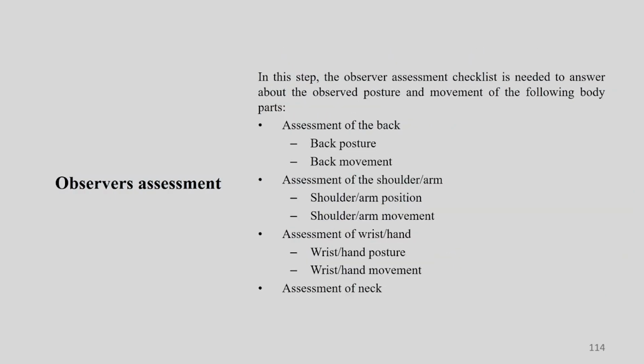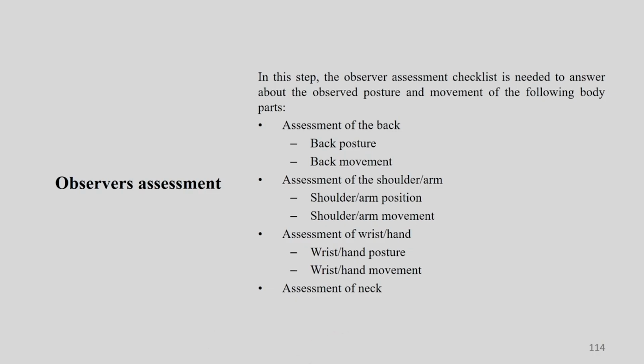Now next step is the observer's assessment. In this particular step, the observer assessment checklist is needed to answer about the observed posture and movement of the following body parts. So assessment of the back. Here in assessment of the back, you have two varieties.